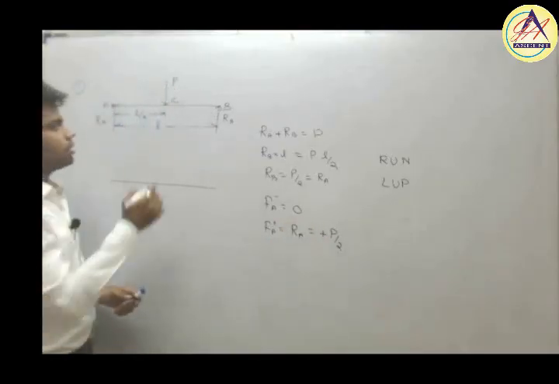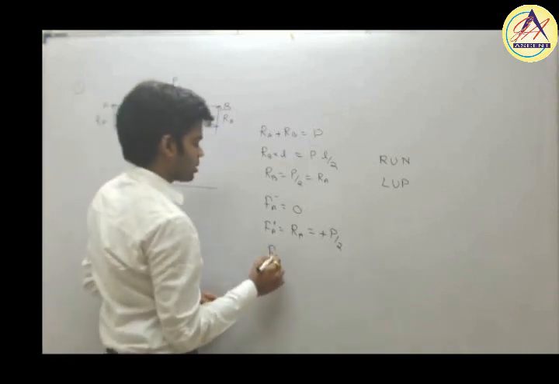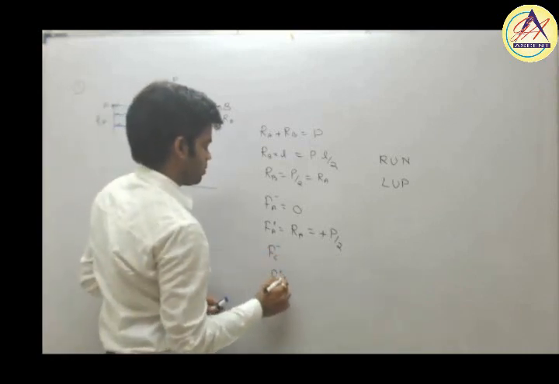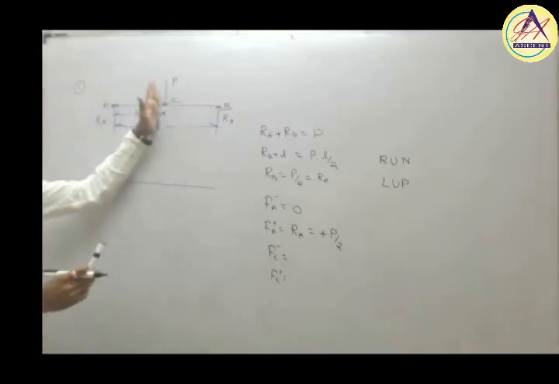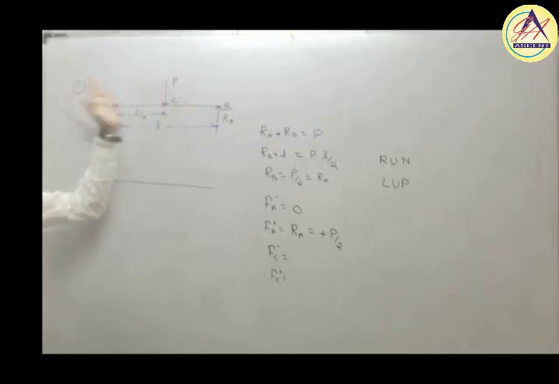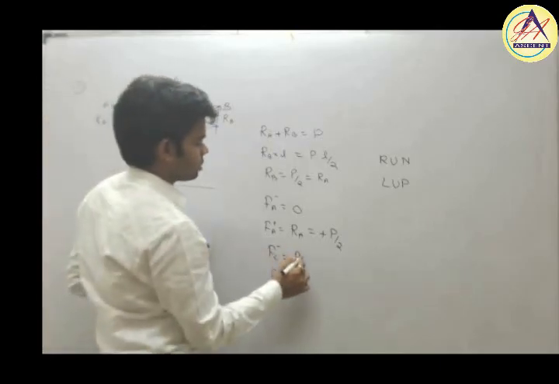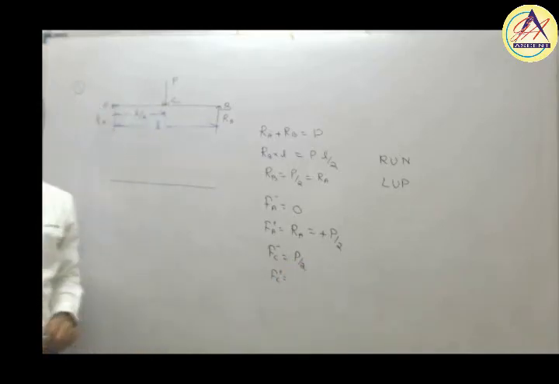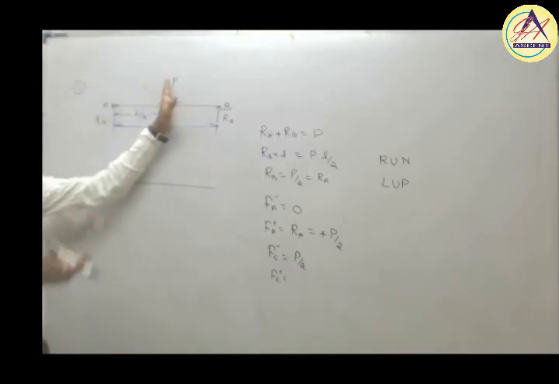Similarly, Fc minus and Fc plus. What will be Fc minus? Take the algebraic sum of all the vertical forces on the whole left side. That is nothing but Ra, which is equal to P by 2, since there is no variation in load. What will be Fc plus?